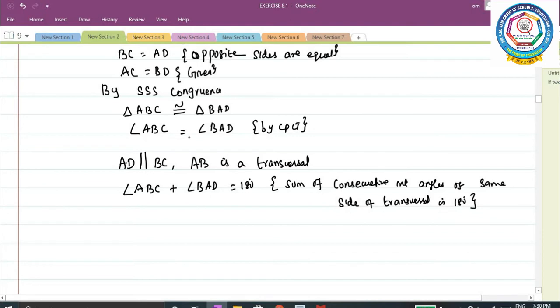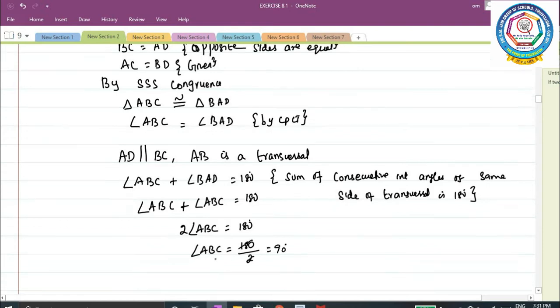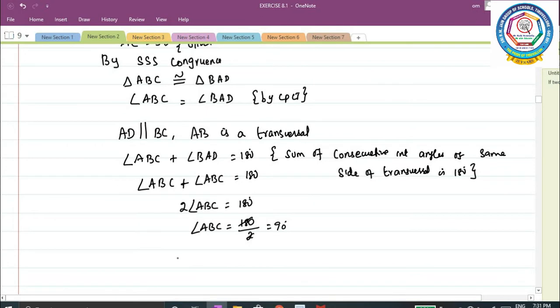Here we proved angle ABC is equal to angle BAD. Both angles are equal. So instead of BAD, I am going to take angle ABC also. 2 times angle ABC equals 180 degrees. Therefore angle ABC is equal to 180 by 2, equal to 90 degrees. So in a parallelogram, one angle is 90 degrees.